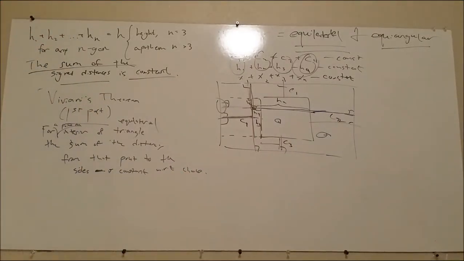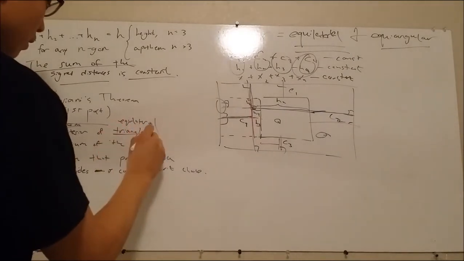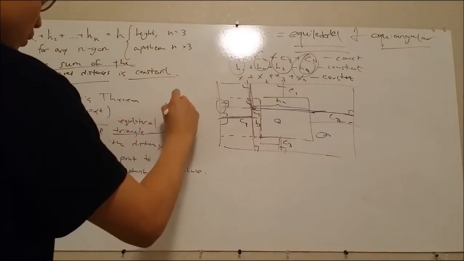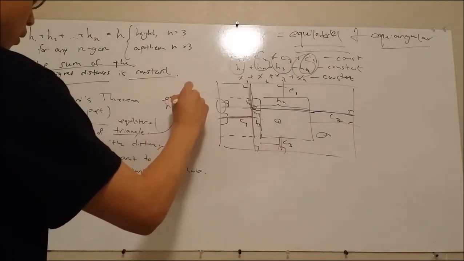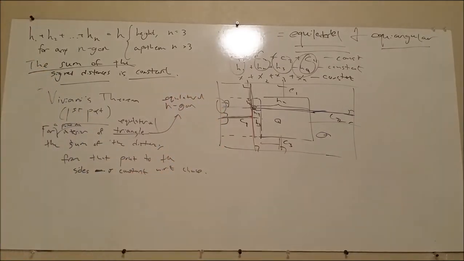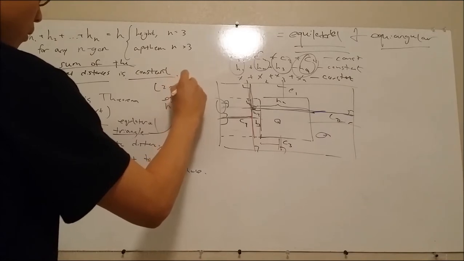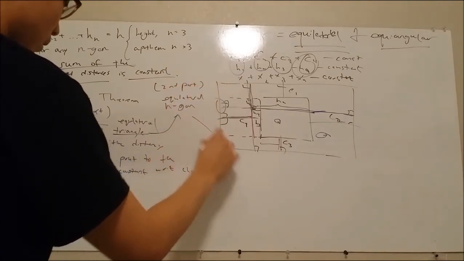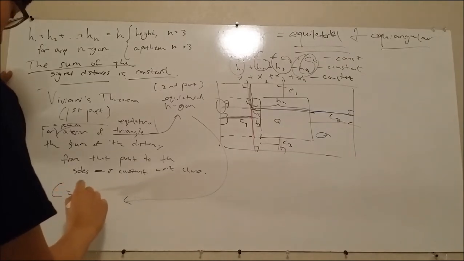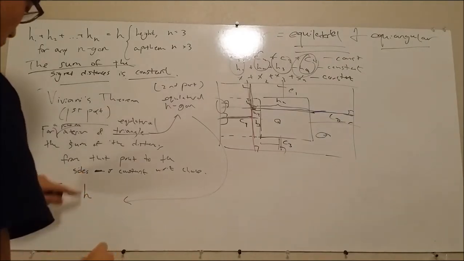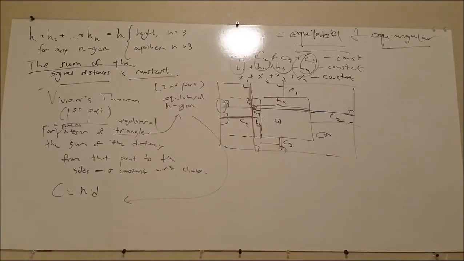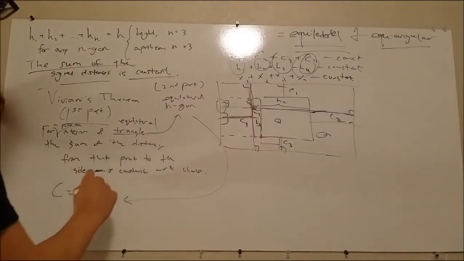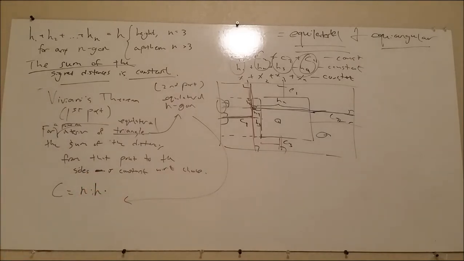Now what we did here is we took this and extended it to an n-sided equilateral polygon. And we were able to extend the second part too, and say that this constant indeed equaled n times h, where h was the apothem.